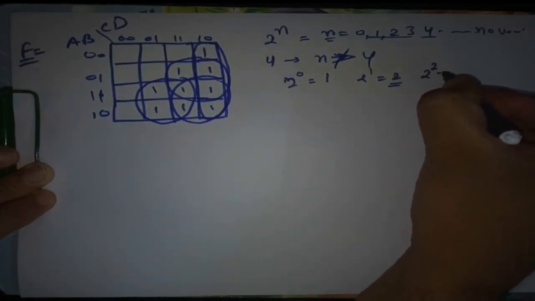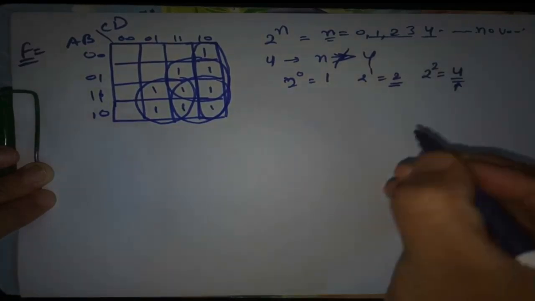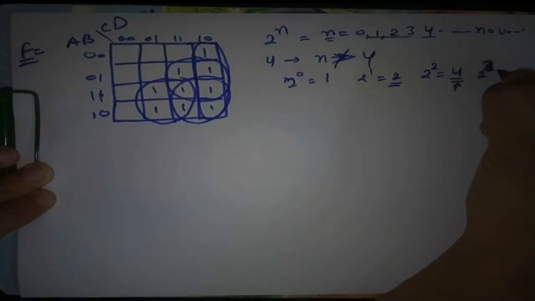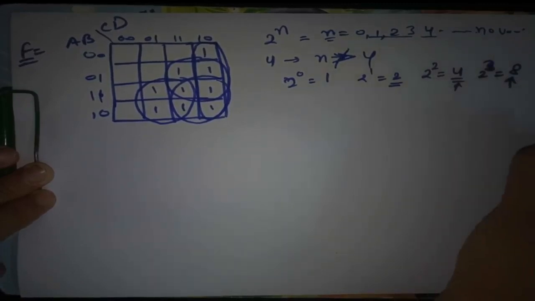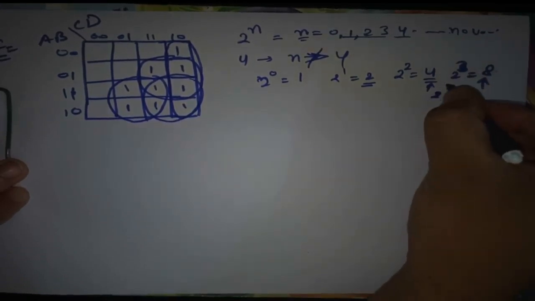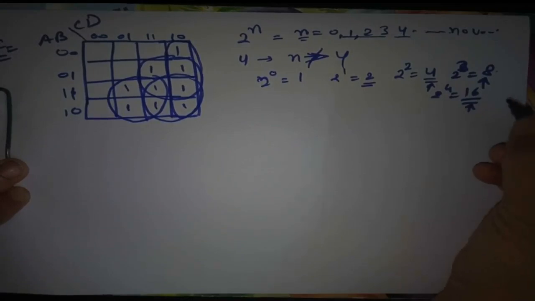2 to the power 2, that means 4. We can create a group of 4 adjacent cells. 2 to the power 3, that means 8. We can create a group of 8 adjacent cells, or 2 to the power 4, that means a total of 16. That means we can create a whole group of 16 cells. Clear?